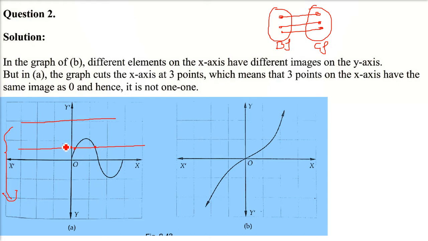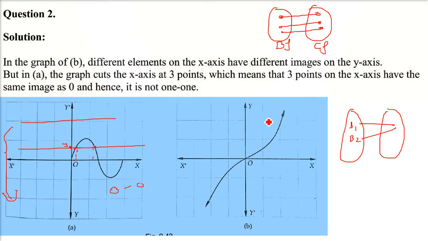Since this is intersecting at 2 points here, for 2 x values we are getting 1 y value, or you can say for 1 y value we have 2 x values. That is, if this is boyfriend 1 and this is boyfriend 2, we have for 2 boyfriends only 1 girlfriend. This is not 1-to-1.